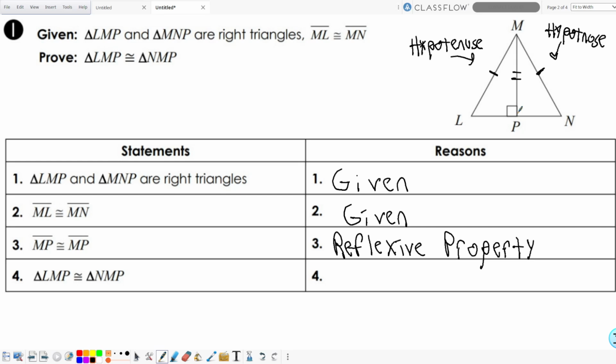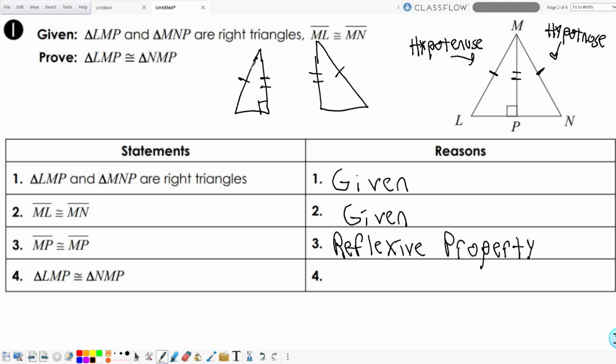If it helps you figure this out, like visually, imagine if we separated the two triangles, something like this. We basically, alright, it was given that the hypotenuses were the same. Here's the right angle. What we basically did with the reflexive property is show that these two legs were the same, if we split the triangles apart.